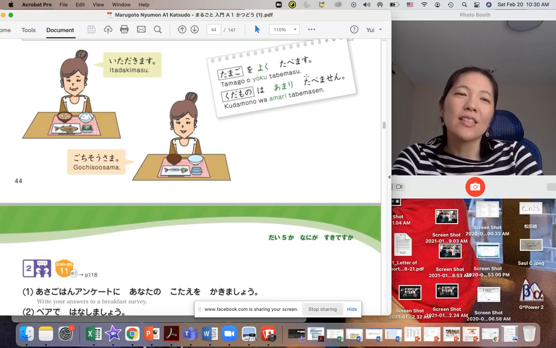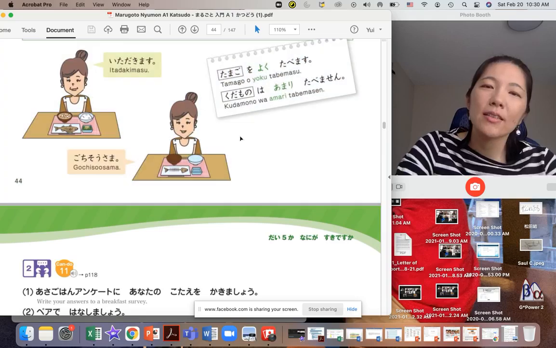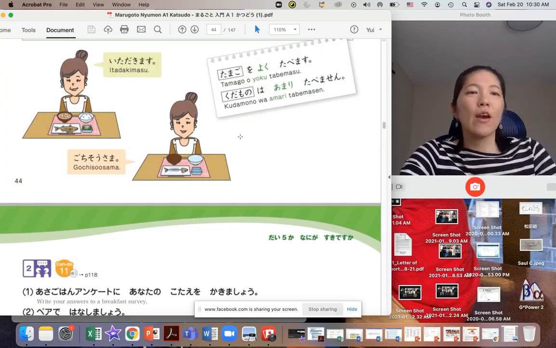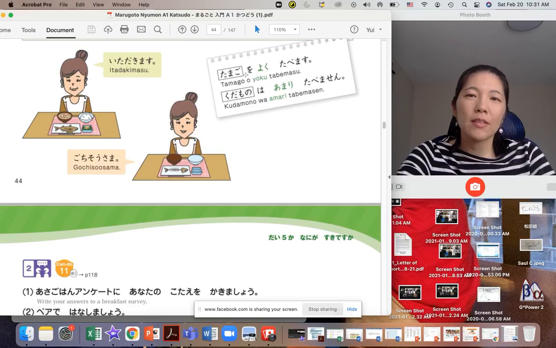The verb is at the end. I eat eggs often. So you can replace it here, like 魚をよく食べます. 魚 is fish, so I often eat fish, right? So you can replace this box.